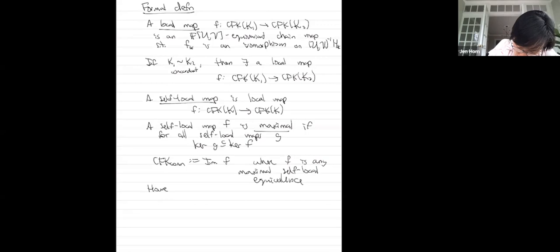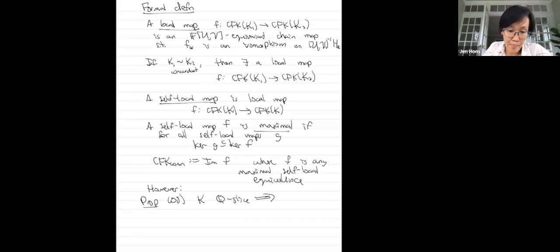Okay, so this sounds like good news. However, there's a result of Hom, Levine and Zabel, which says that if K is rationally slice, CFK connected is going to be trivial. Trivial in the sense that it's going to be the same as CFK connected for the unknot.